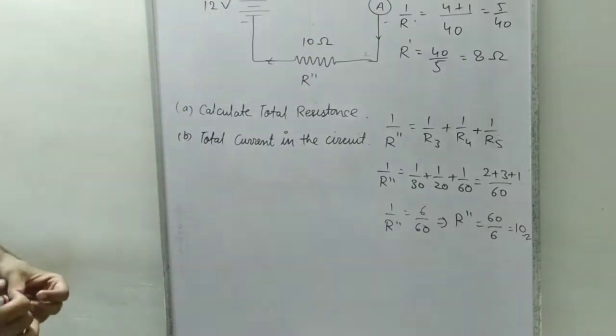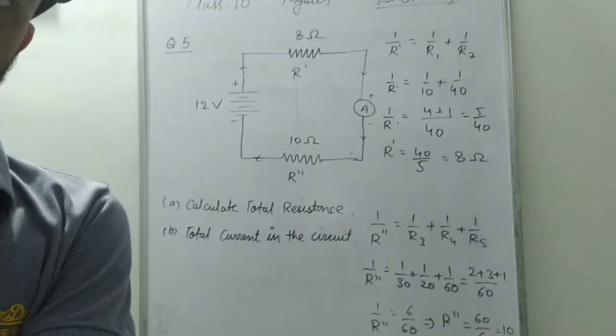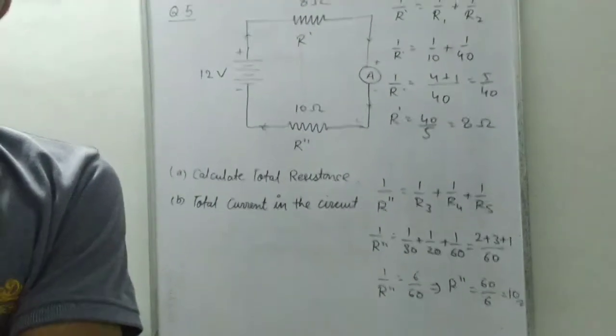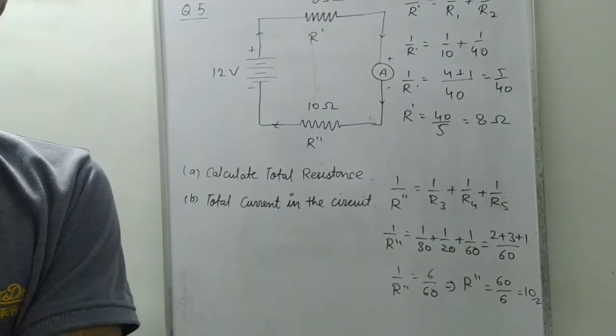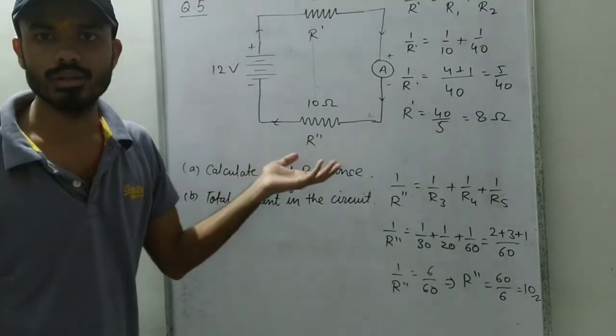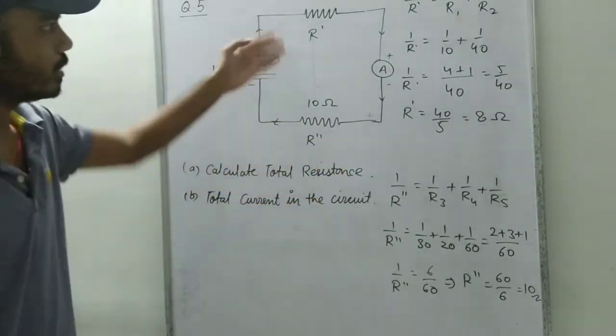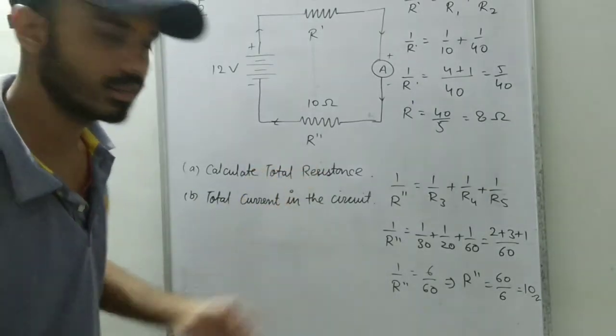Okay, so now in the electric circuit we have two resistances, one is 8 ohm and one is 10 ohm, and these two resistances are now in series combination, so easily we can find out the equivalent resistance for this electric circuit.